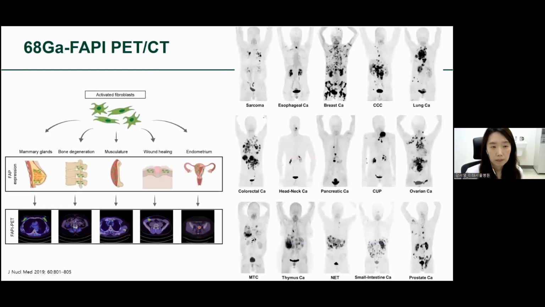Next, I'm talking about another tracer for evaluating cervical cancer: fibroblast activation protein inhibitor, FAPI PET-CT. Actually, it is a very famous and interesting tracer for evaluating all kinds of cancers. So FAPI PET-CT is a new tool in the diagnostic workup of cancer.